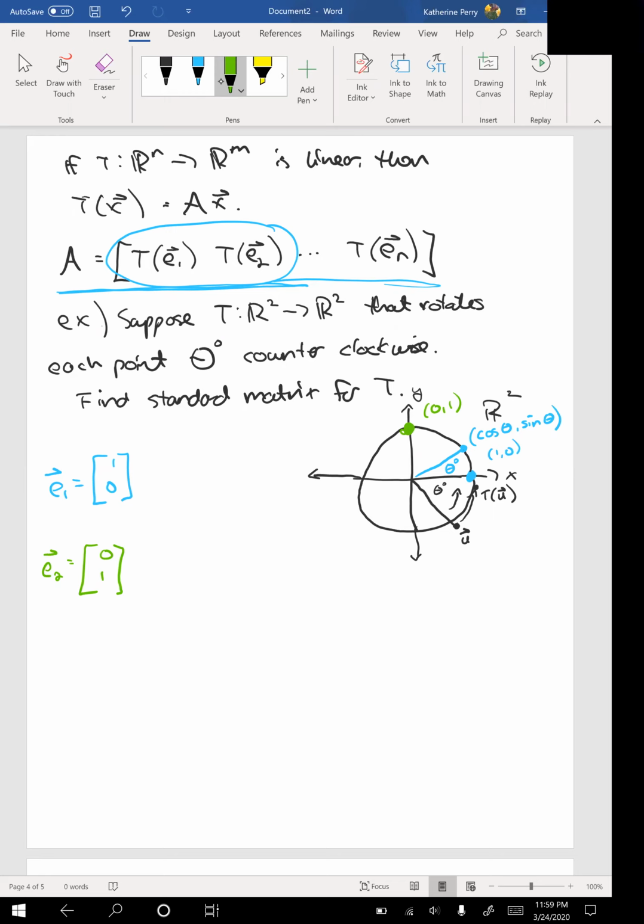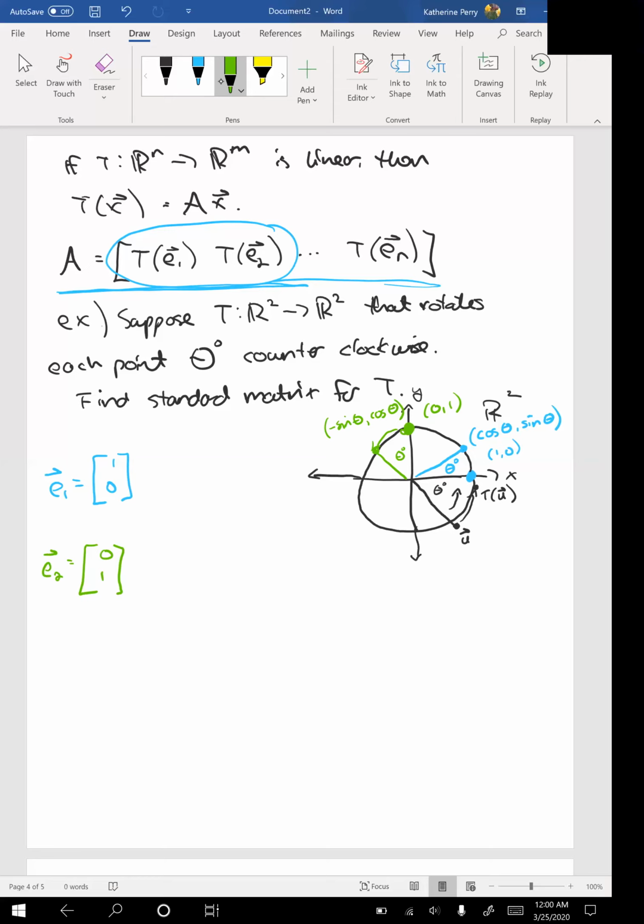Similarly, if I'm looking at E2, the point (0, 1), then my transformation is going to rotate this theta degrees counterclockwise. A way to represent this point is (negative sine theta, cosine theta).